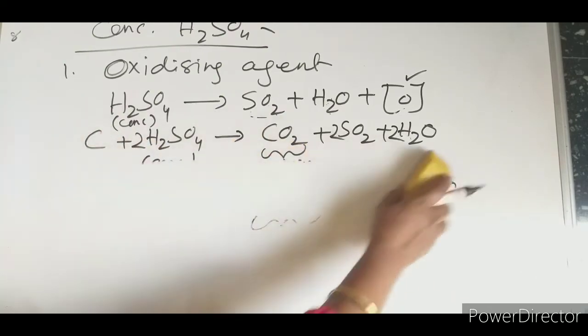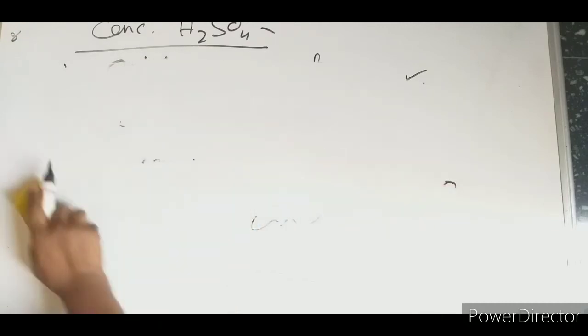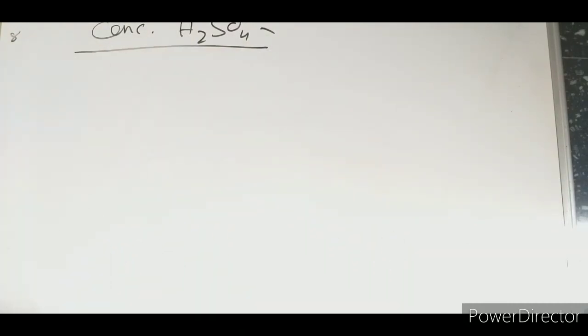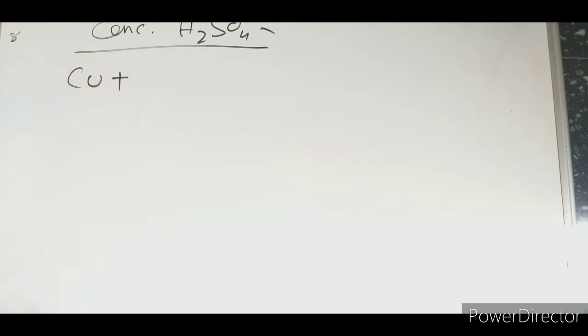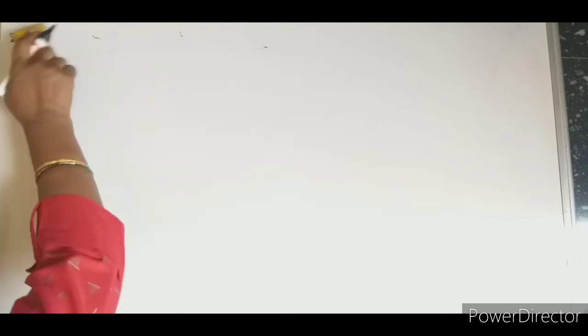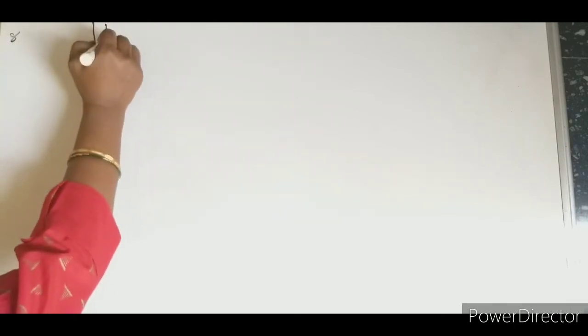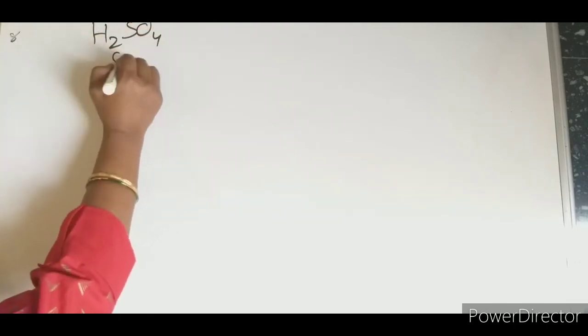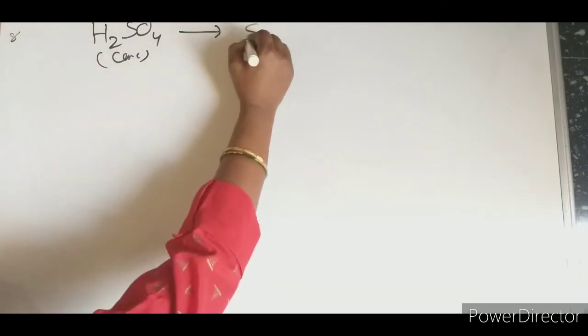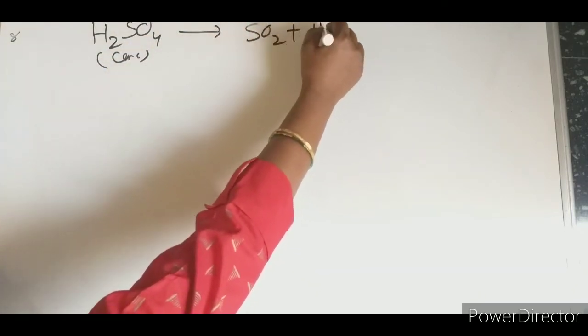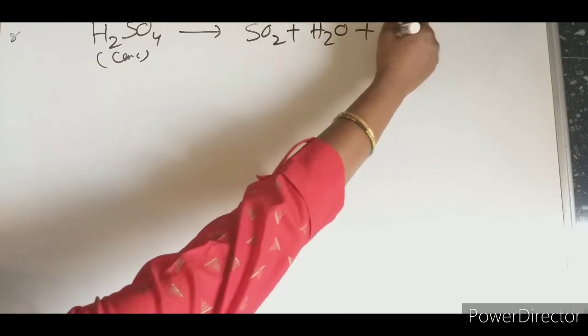Now let us see two reactions with metals. In case of metal, let us take copper, let us take zinc. When we are taking copper, just before that, let me write this. H2SO4 concentrated, when it decomposes, gives rise to sulfur dioxide, water plus oxygen.